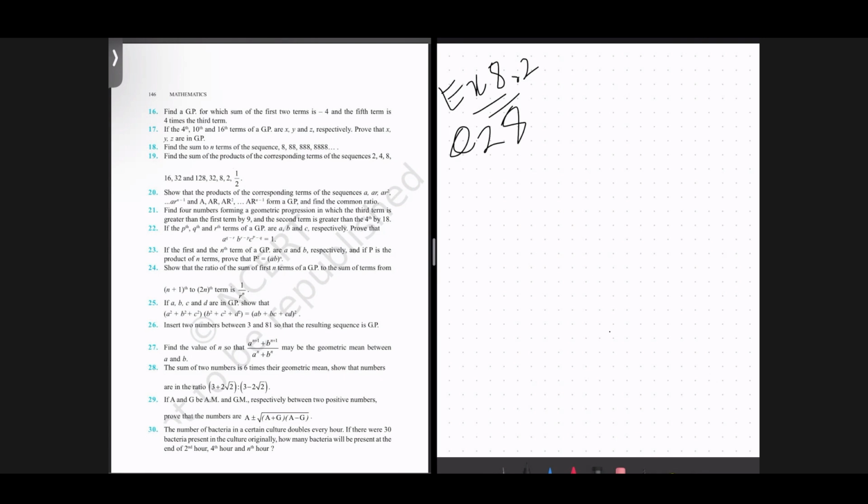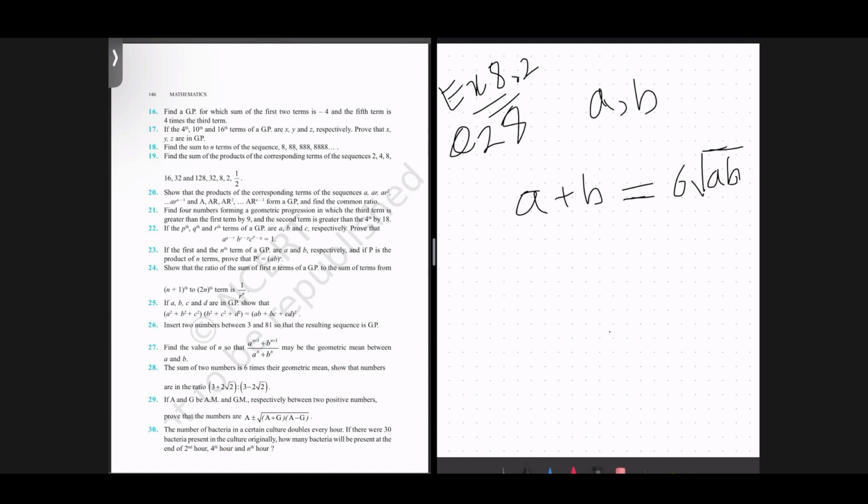So let us suppose that these numbers are a and b. We have been told that the sum of these two numbers, a plus b, is going to be equal to 6 times their geometric mean. And what is that? It's 6 times root ab.